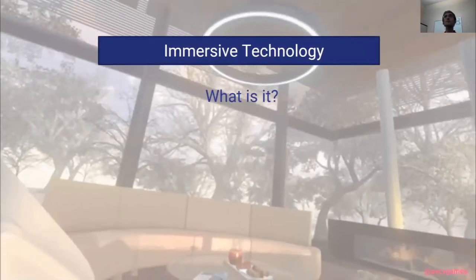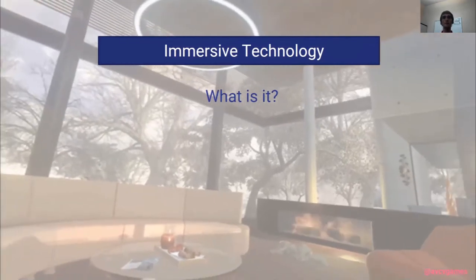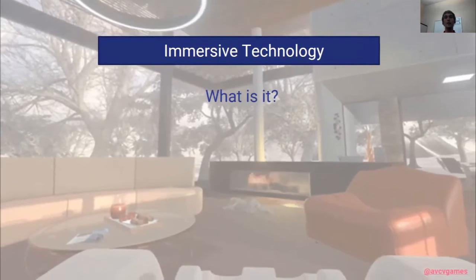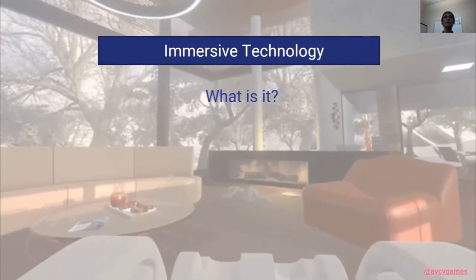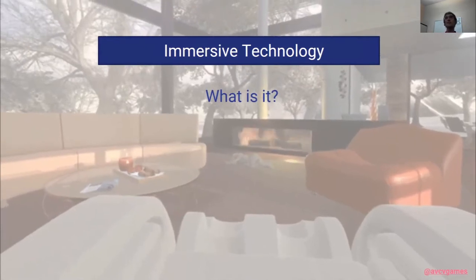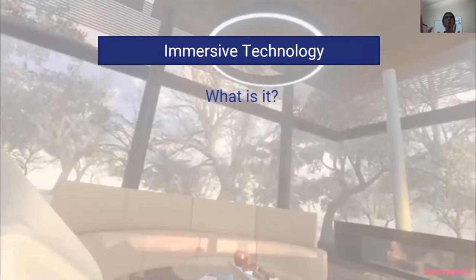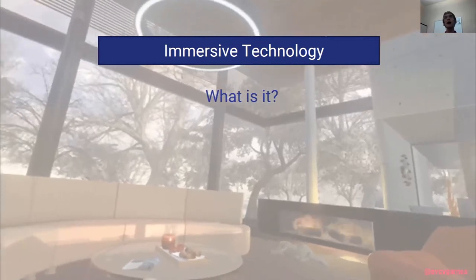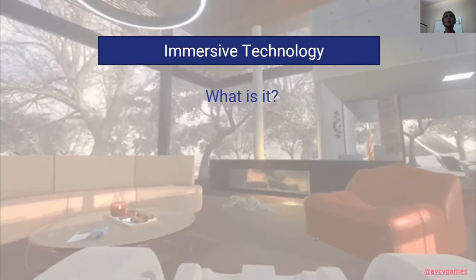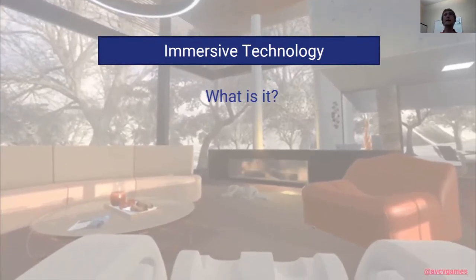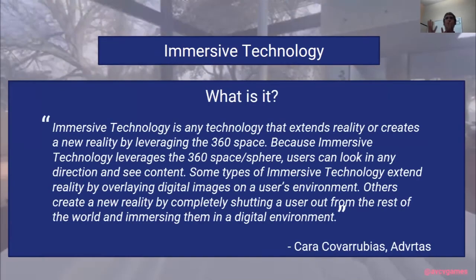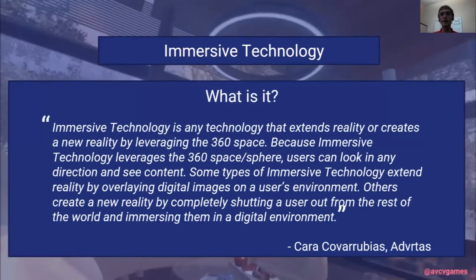So what is immersive technology? Well, immersive technology is any technology that extends reality or creates a new reality by leveraging the 360-degree space. And so when I was thinking about what this looks like, to me, this background image, hopefully you can see it, is what I envision, putting something over my eyes and being in this alternative world, I guess you could say.